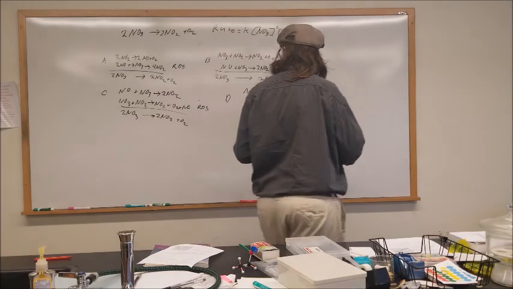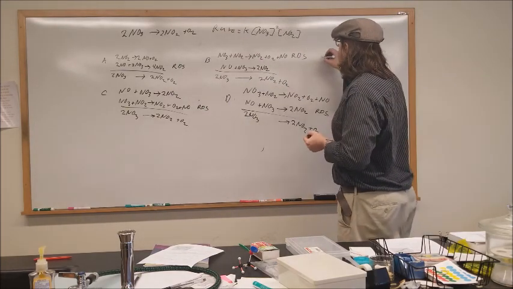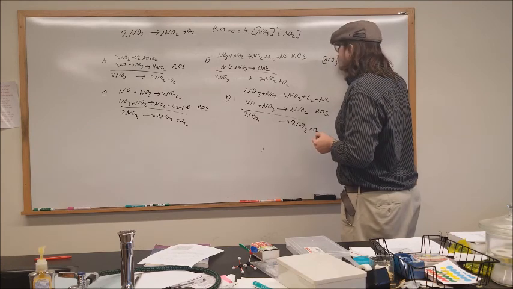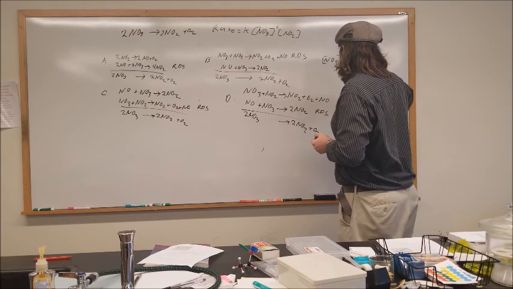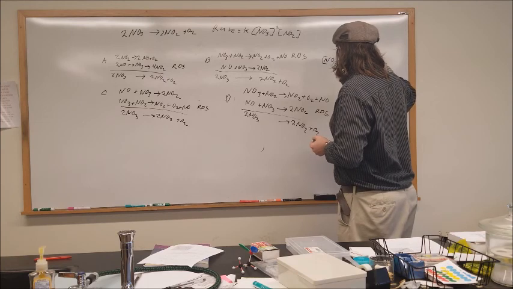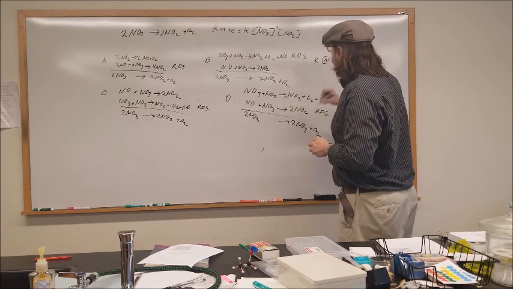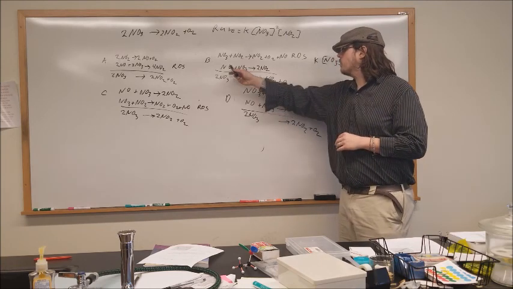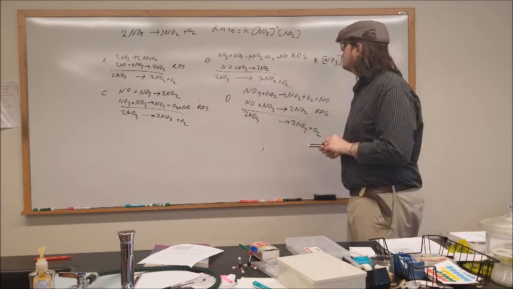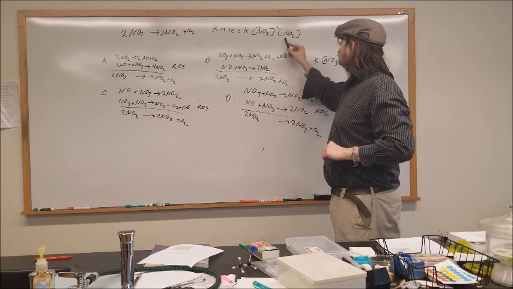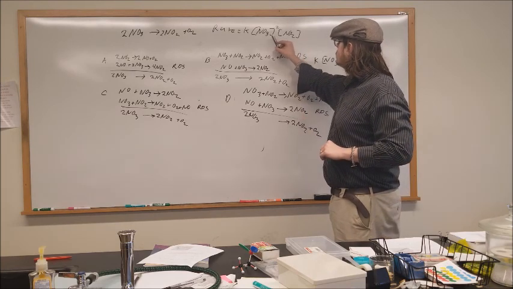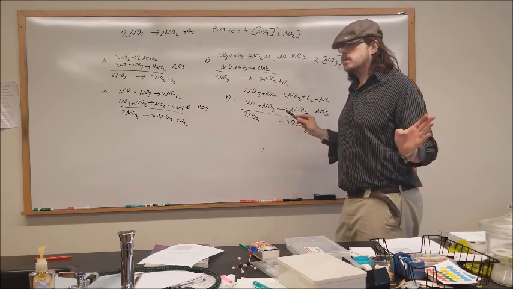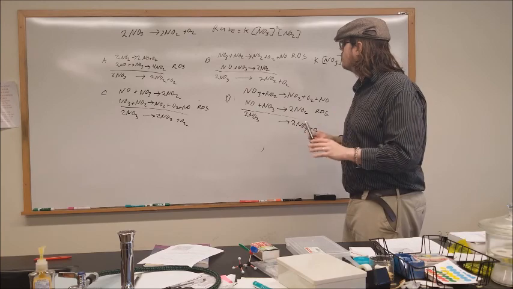So the rate law we get from that rate determining step is NO3 to the first times NO2 to the first times K. Because that's a rate determining step, the amount of NO3 and NO do not matter for that case. So, does this match this? No. So, that is not the one. We don't want B.